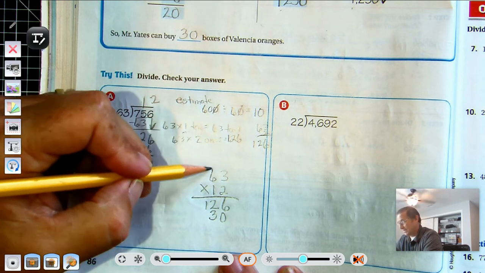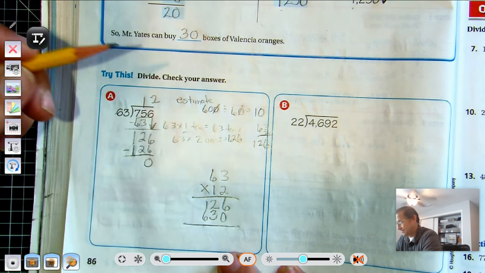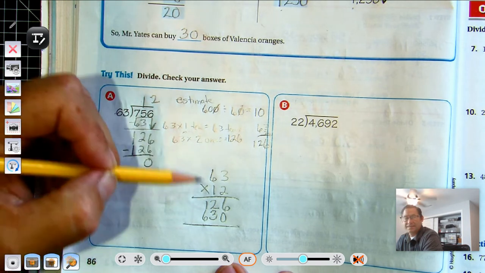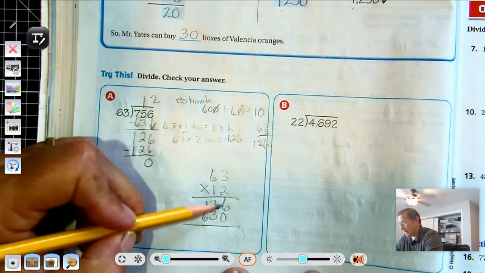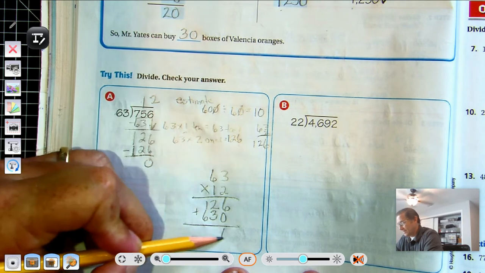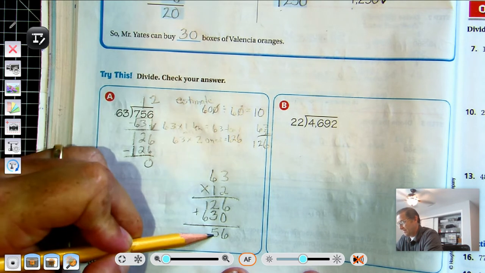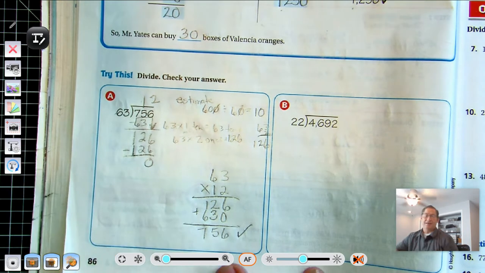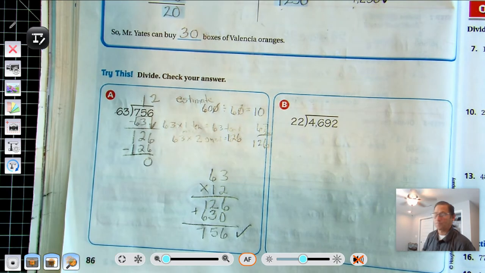And 1 ten times 6 tens is 6 hundreds. All right, so to add those together, 6 plus nothing is 6. 3 plus 2 is 5. And 6 plus 1 is 7. And we notice that that answer does match the dividend.